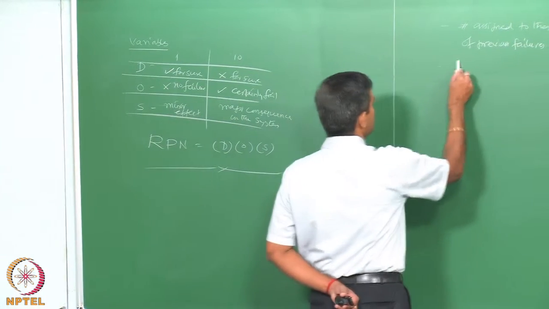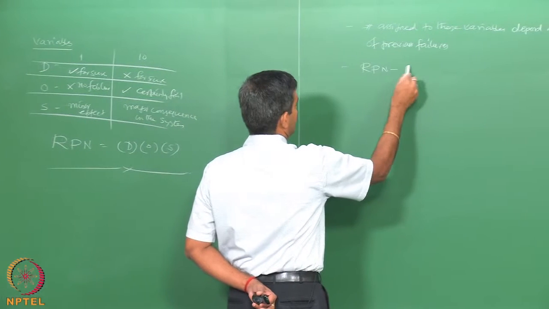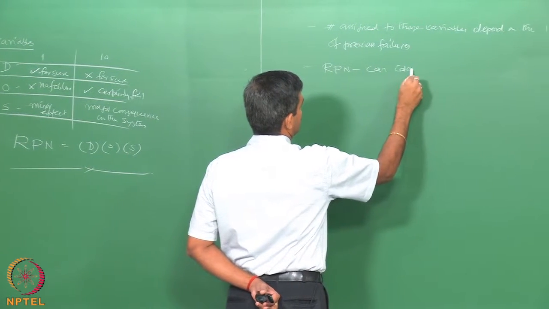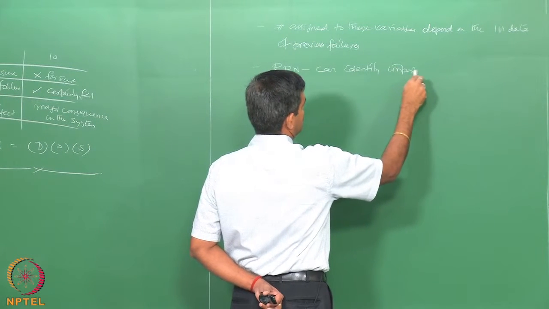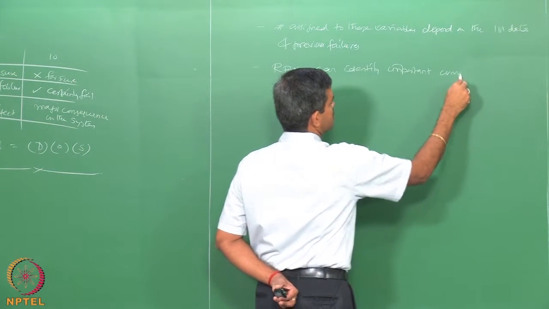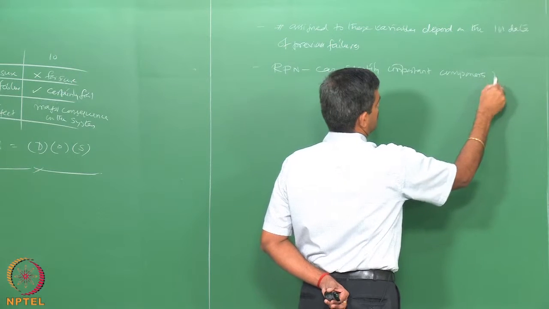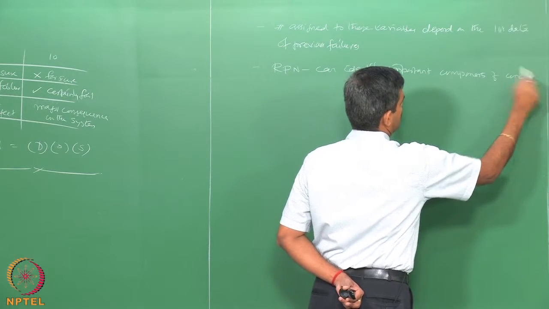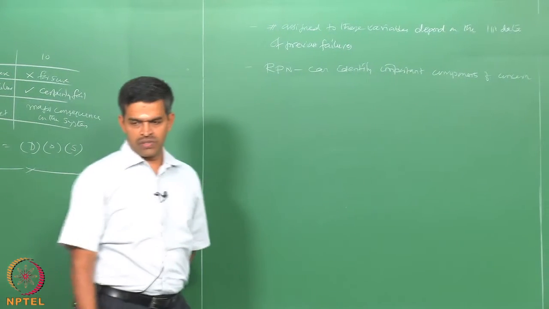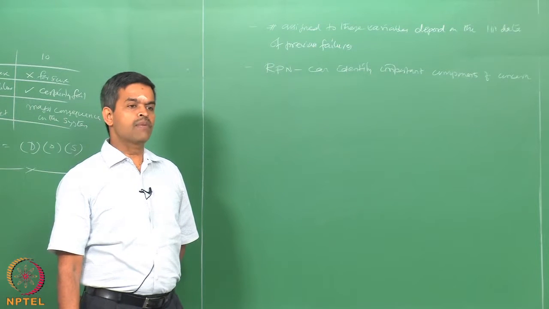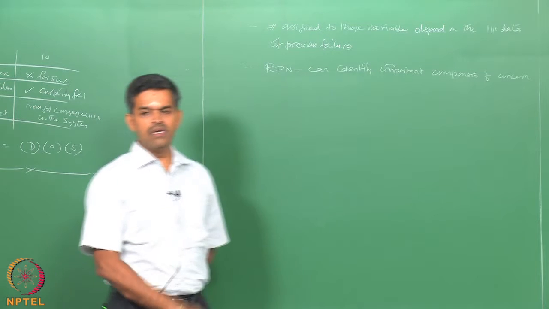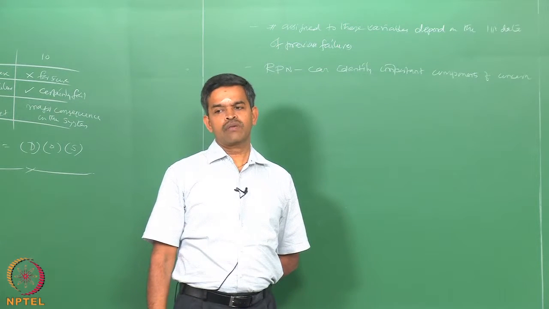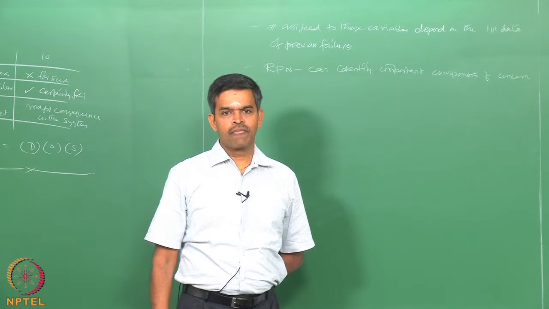So, RPN can identify the important components of concern which can cause the maximum damage, or damage of a very high certainty, to the final product or the process line.